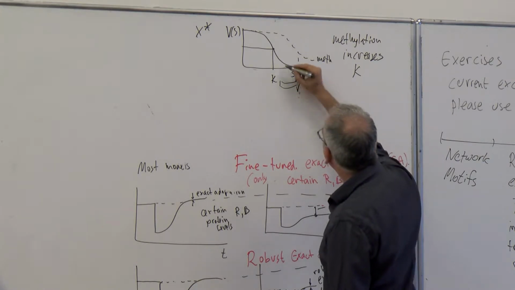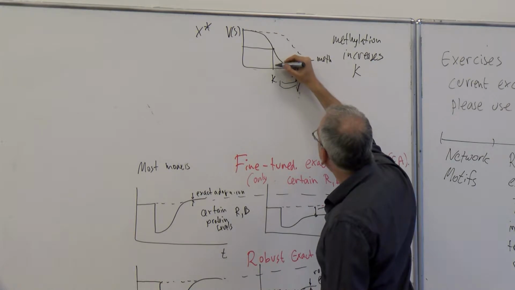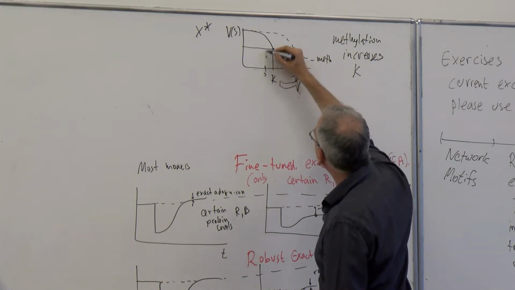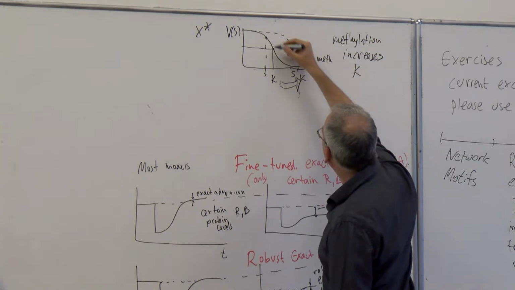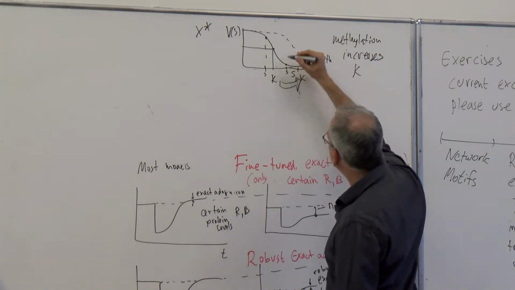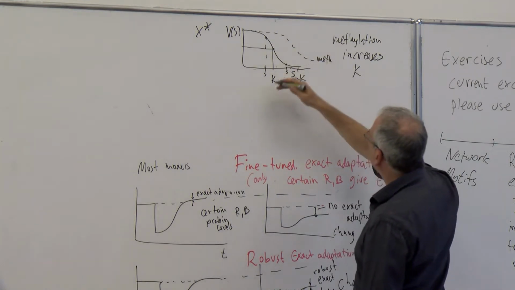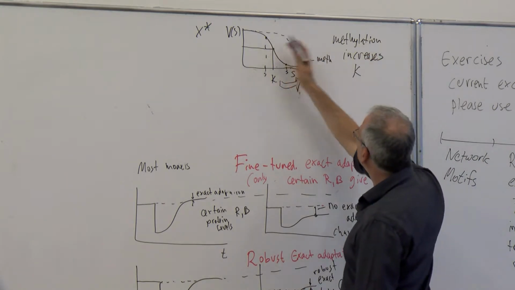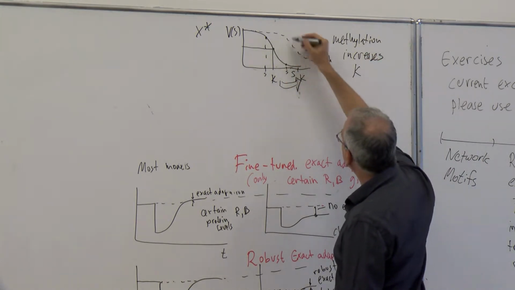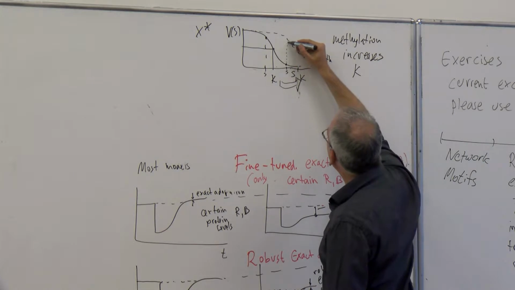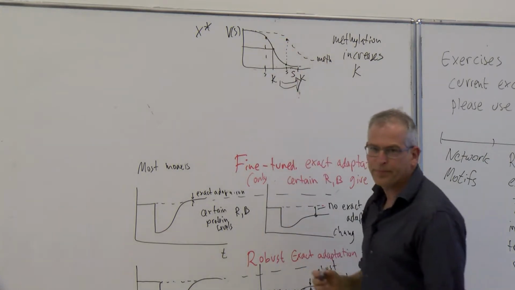And so what happens is that if I have some signal, let's say I have some attractant here, this is my activity. I now move to more signal, I drop in activity. And now slowly, methylation goes up. K moves over here. So this is the curve now. And activity goes back.